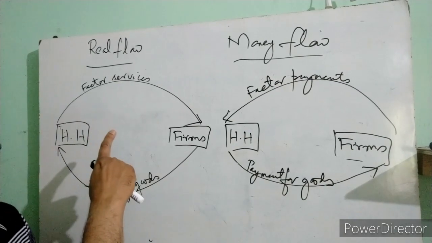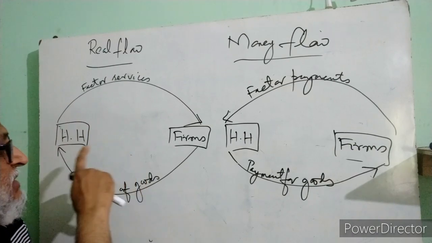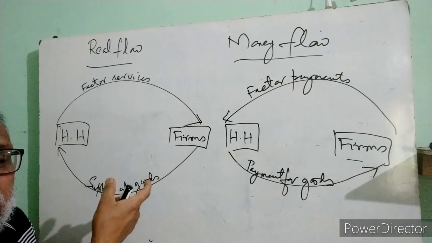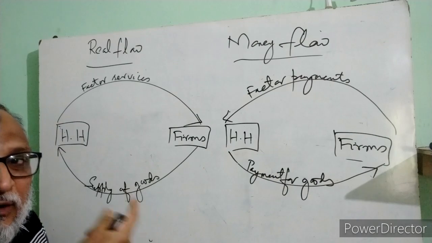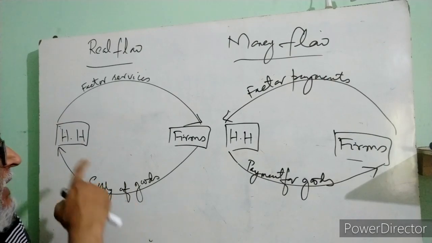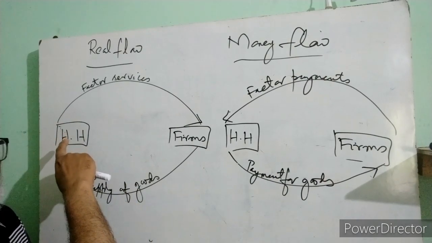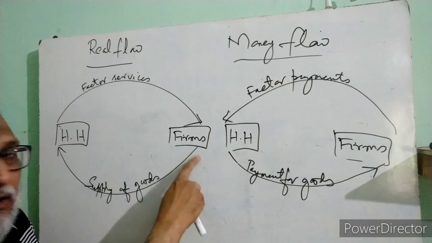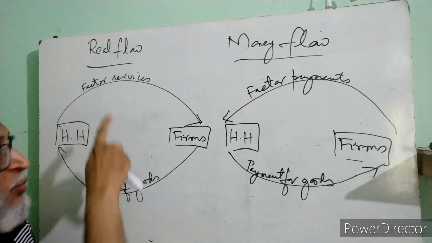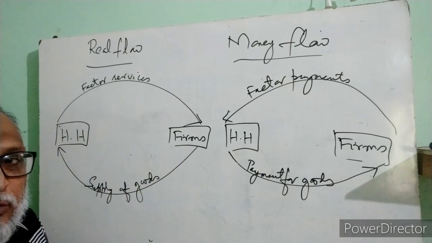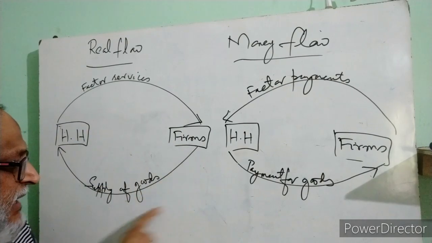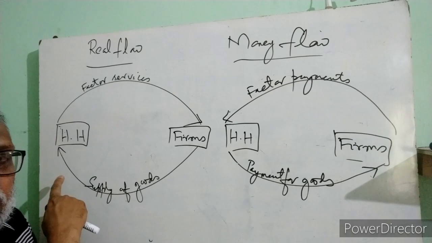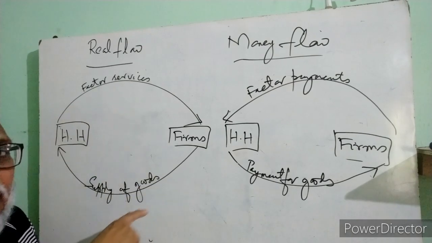Now separated, real flow is the flow of goods and services or the factors, which you can also call physical flow. Like you can see what households are doing, they are providing factor services to the firms. On the other hand, when the firms use these factor services producing goods, they supply these goods to the households. Okay, so this is real flow.